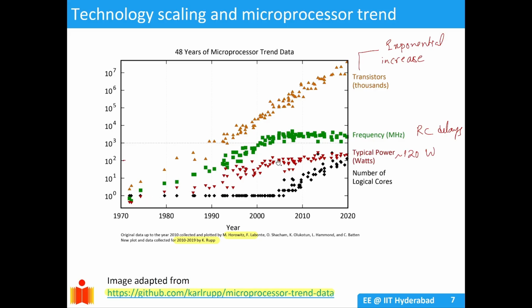Power has also stagnated to around 100 to 120 watts, typical power of the circuit. The number of logic cores was one for a long time. In recent years, it has increased a lot, to almost 20 to 100.